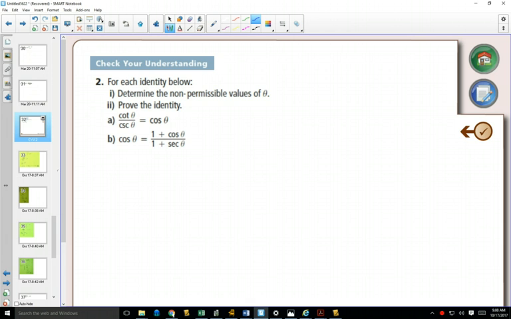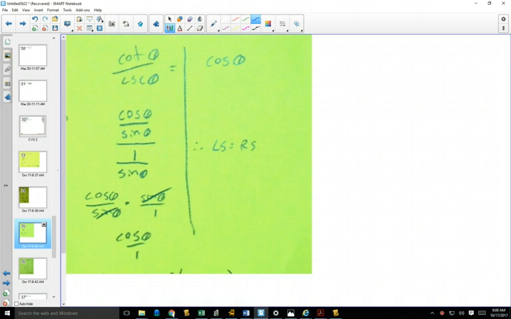So I'm going to go to a proof that was done here. This one is done wonderfully. They changed everything to sine and cos. Can you see that they changed the cotangent to cos over sine, the cosecant to 1 over sine, and then they multiplied by the reciprocal, and we get that the proof works out.